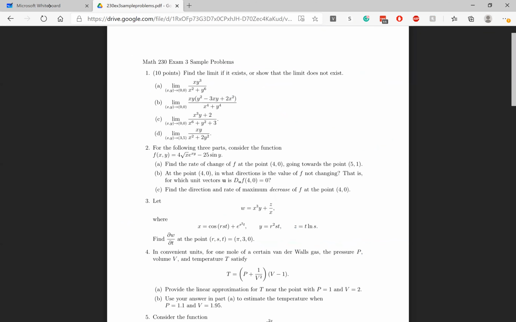Let's see what's next. Find the direction of maximum rate of decrease at (4, 0).